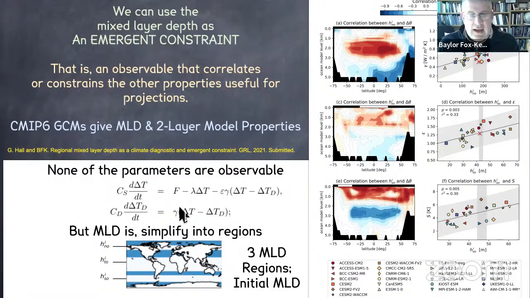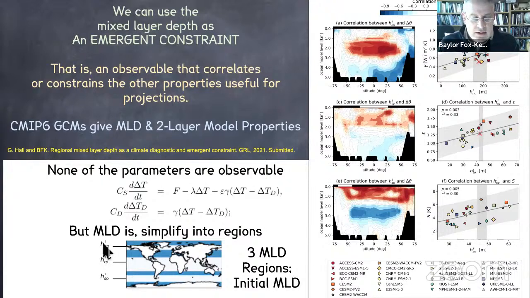And if you do that, these parameters in the two-layer model that come out from the training against a CMIP model where we have diagnosed the North Ocean, tropical ocean, Southern Ocean mixed layer depth are strongly correlated against those 3 mixed layer depths. So we can use the mixed layer depth as an emergent constraint on those parameters.